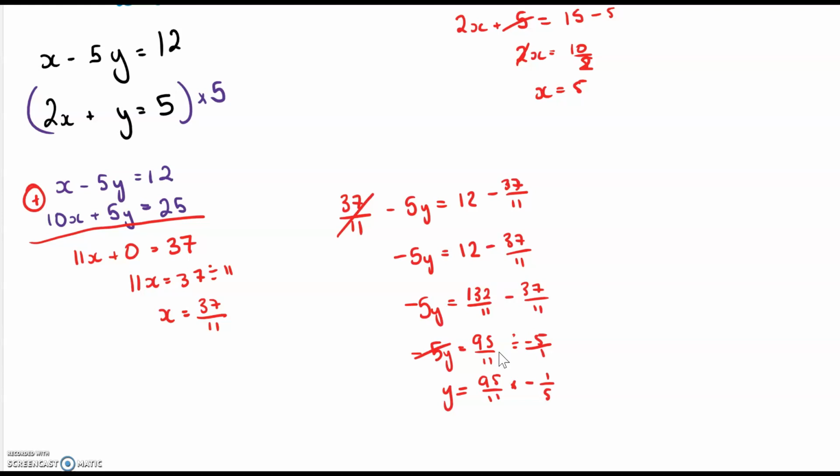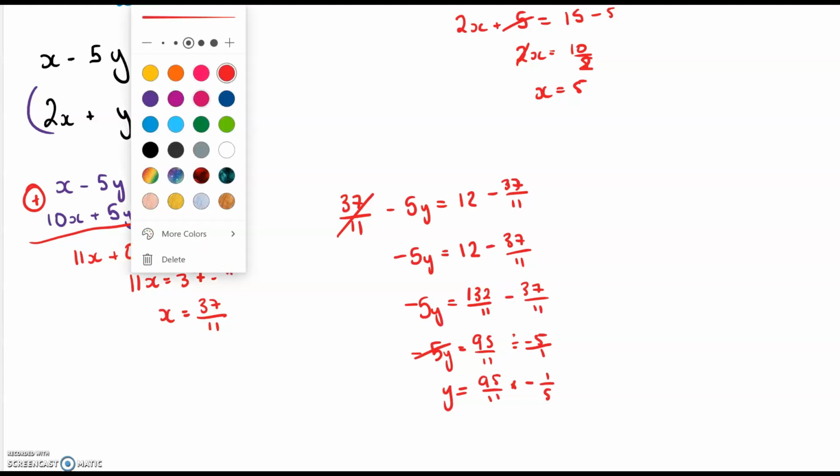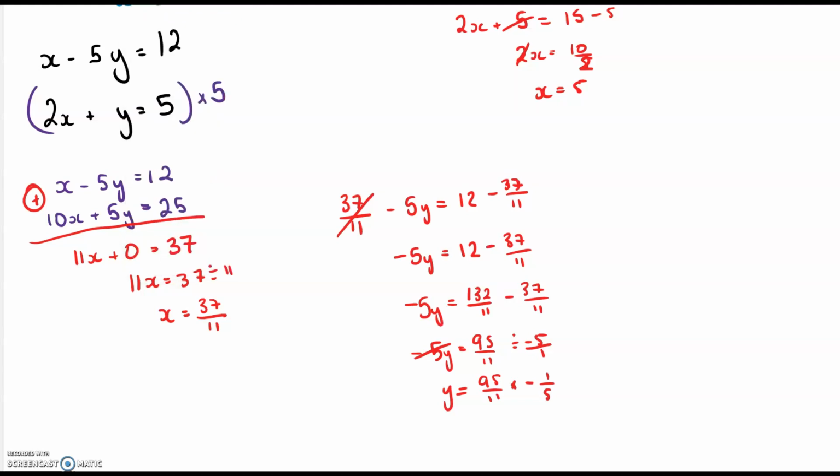Now I also know that 5 goes into 100 20 times, so I know that 5 goes into 95 19 times, so I can cancel down these fractions a little bit, and I can cancel out 5 with 95, that goes 19. Okay, and we get 1 on there on the bottom.